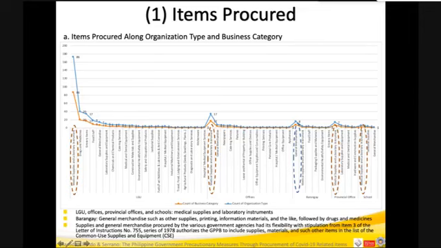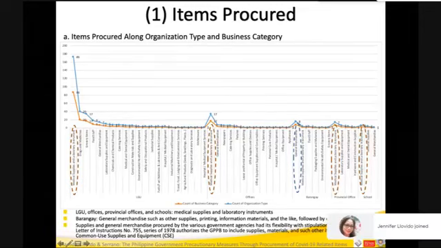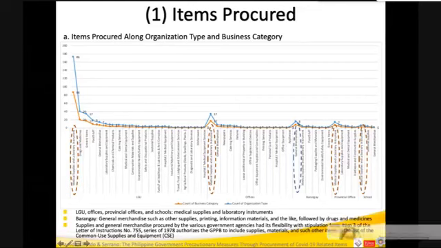They actually procure, the top most procured items are medical supplies and laboratory instruments. However, with the barangay, the most procured item is general merchandise. This is upon checking or upon reviewing the details on the data sets gathered. This actually consists of the other supplies like printing materials because they actually conducted IEC or Information and Education Campaign against COVID.